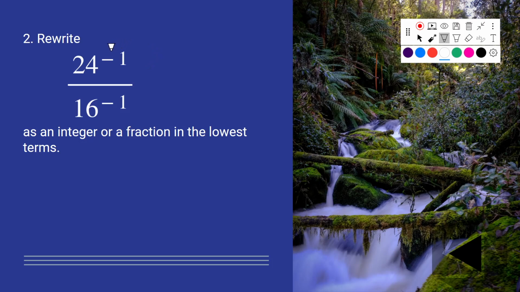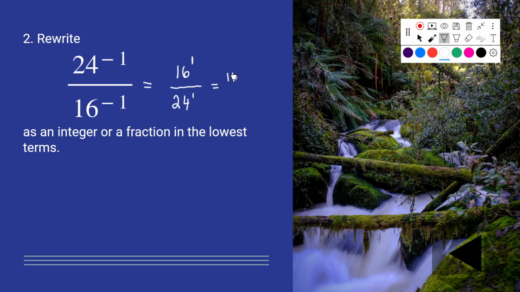Remember, we talked about when we have a negative exponent, the part that has the negative exponent moves to the other side of the fraction. So in this case, 2 to the 4 moves to the denominator. 16 actually moves to the numerator. And the reason they both moved is because they both have a negative exponent.